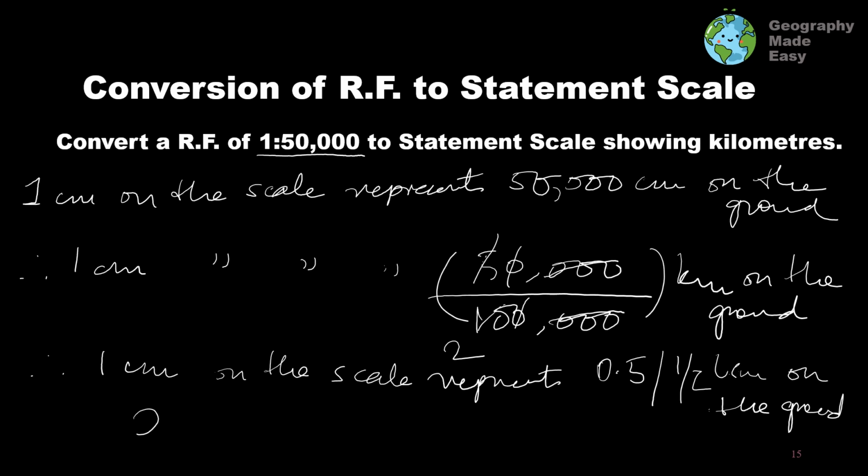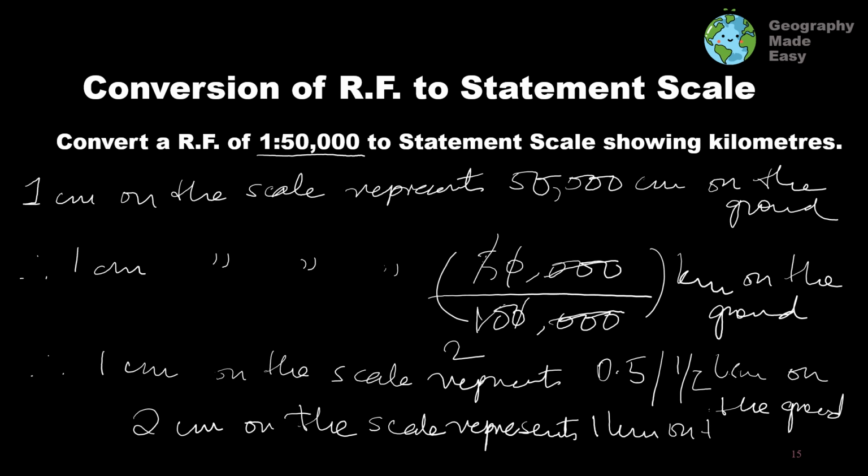I can also write 2 centimeters on the scale represents 1 kilometer on the ground. Half into half is 1, or 0.5 into 0.5 is 1. So I've made it into 2. Then this of course is double. So it becomes 1 kilometer. I may or may not write. If I write till here, I get full marks in the examination.